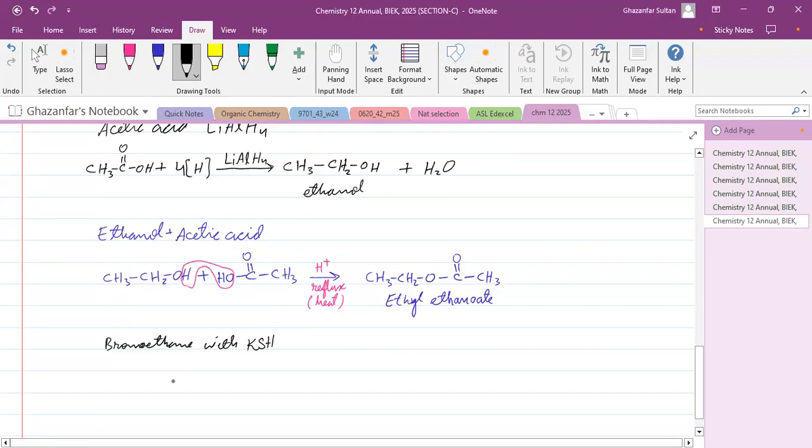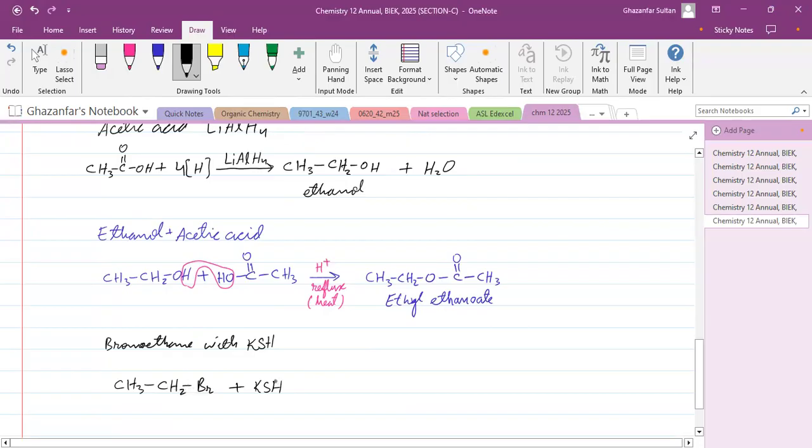SH is the thiol group and it acts as a nucleophile. So what happens when bromoethane reacts with KSH? This is bromoethane. When it reacts with KSH, this thiol molecule attacks this carbon atom that is electrophilic due to the high electronegativity of halogen.